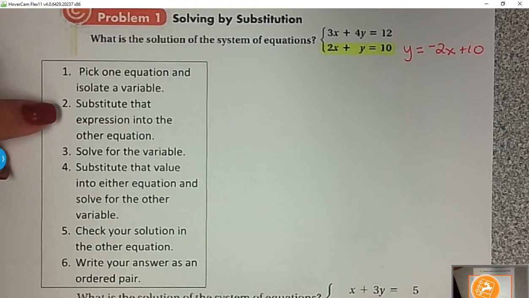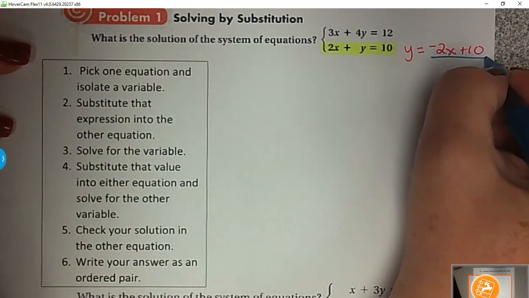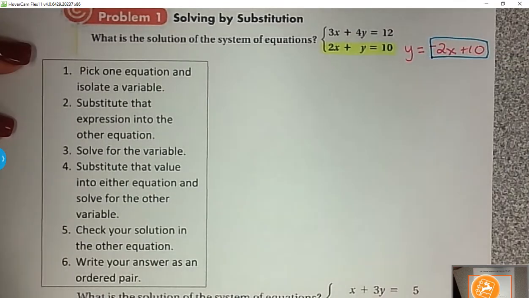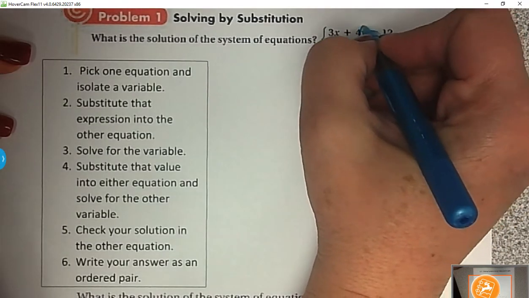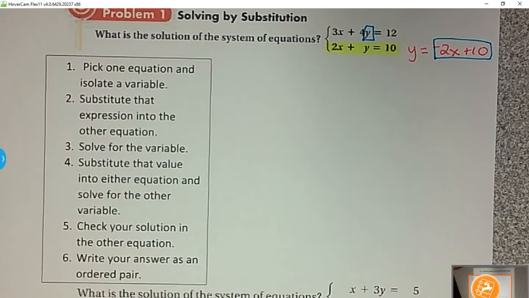Then I'm going to substitute that expression into the other equation. So I'm going to take this information, since it is equal to y, and I'm going to replace y in this equation with that information.